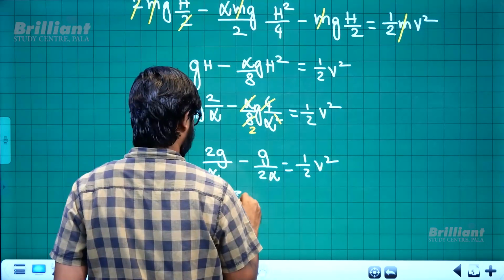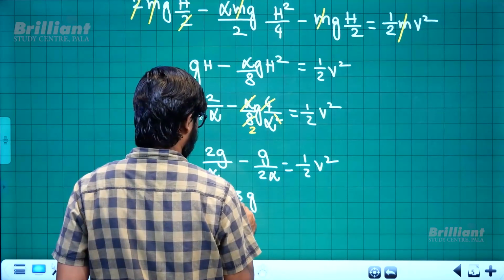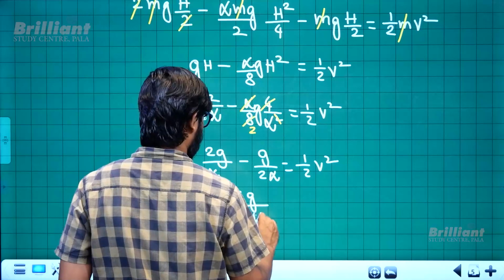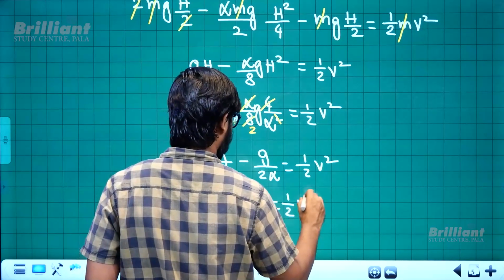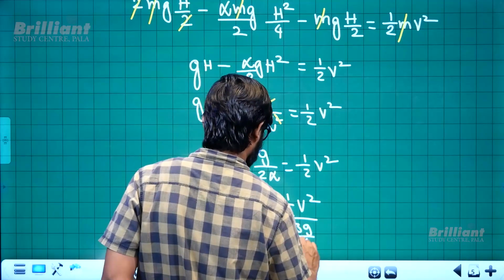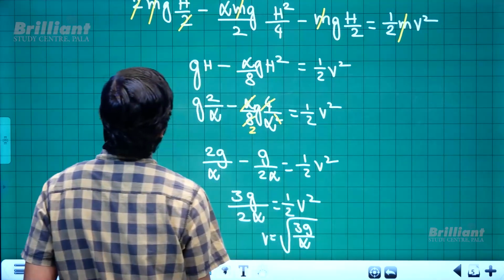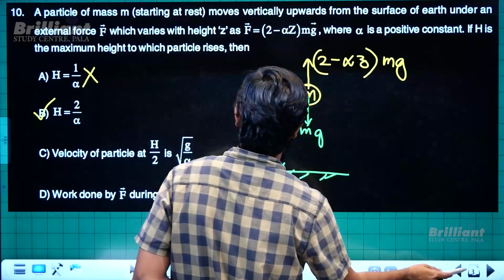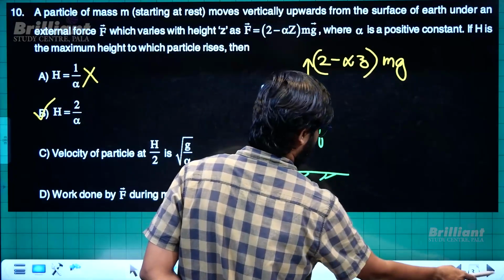So this is 3g by 2 alpha equals to half v square. So v equals to root of 3g by alpha. Is that correct? No, something is wrong.